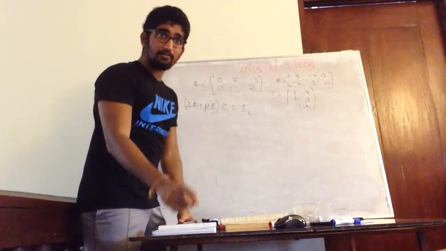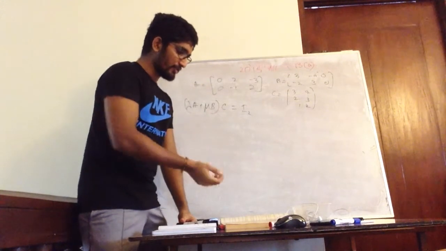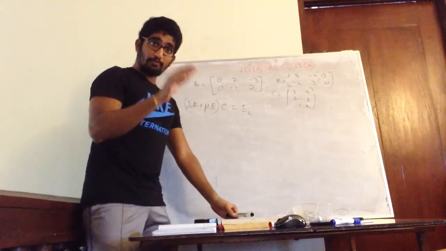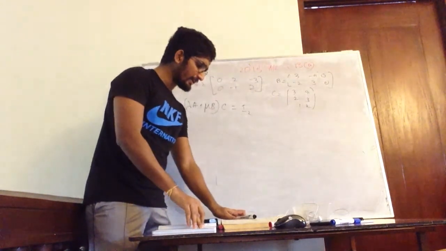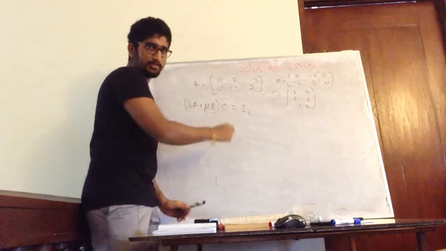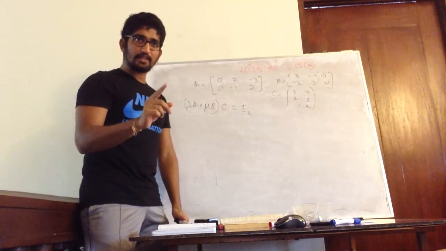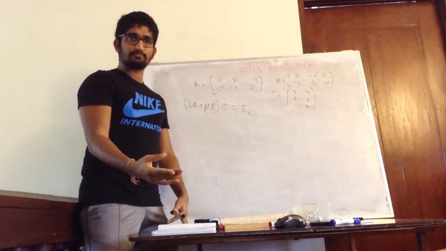If you have properly understood what you have done, you will see that you have already found what AC is and what BC is. So if you are smart enough, you will understand that we don't actually need to expand this at all.